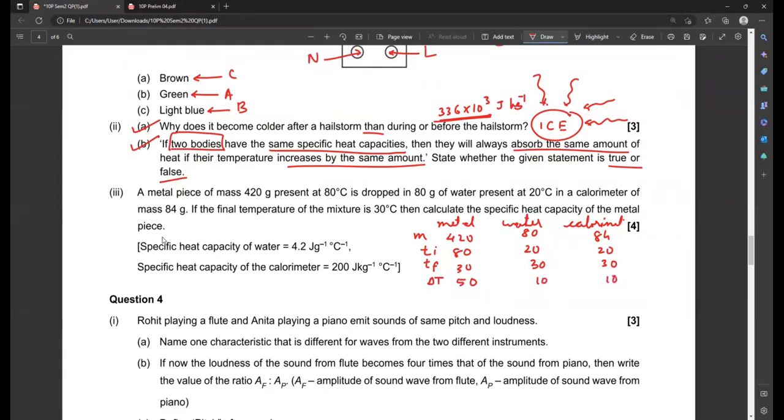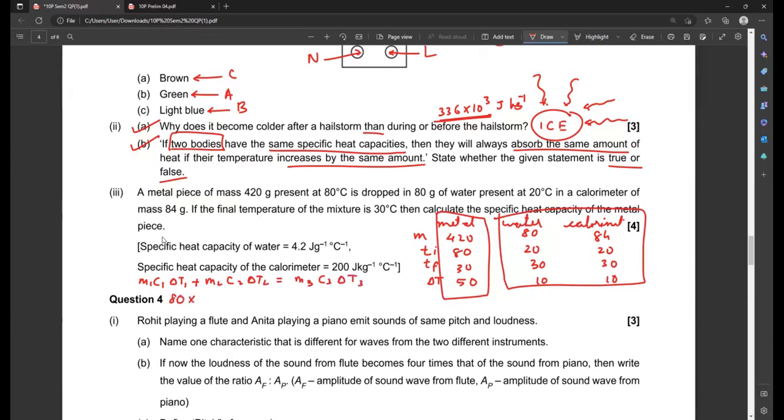The heat that is lost by the metal will be gained by the water plus the calorimeter. So I will write M1C1 delta T1 is equal to M2C2 delta T2 plus M3C3 delta T3. For water, it will be 80 into 4.2 into 10, plus the copper calorimeter, which is 84 into 0.2 into 10, that is equal to 420 into the heat capacity into 50.